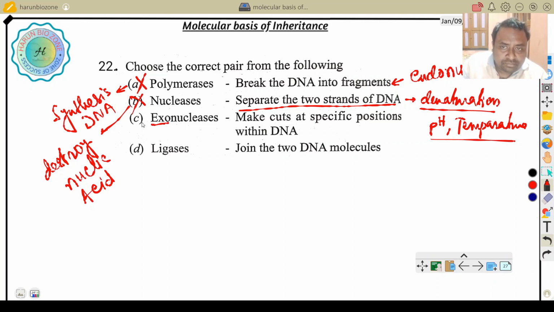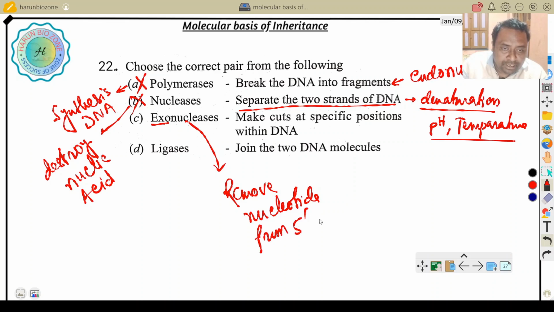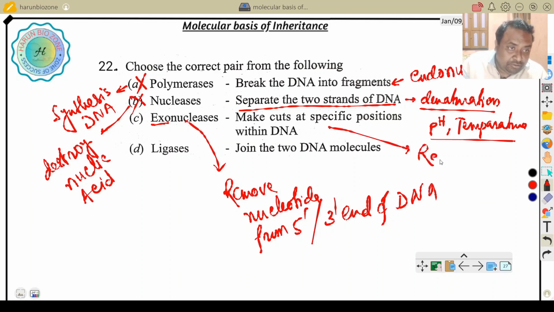Making a cut at a specific position of the DNA is called restriction endonuclease. Endonuclease cuts at a specific position of DNA.